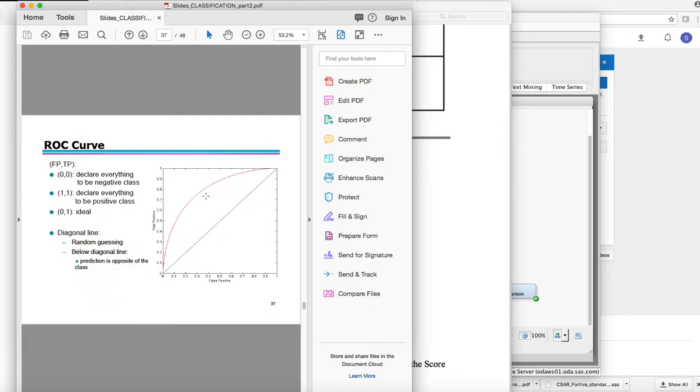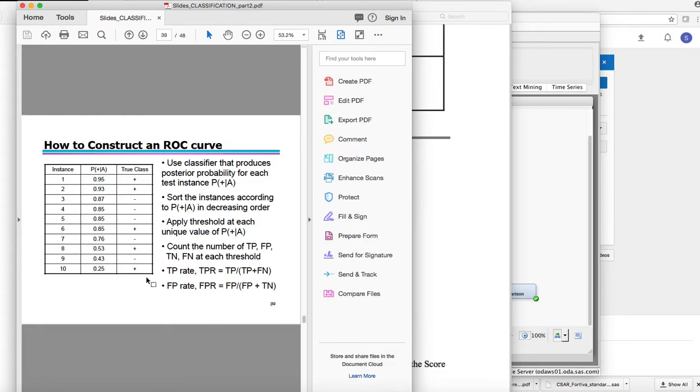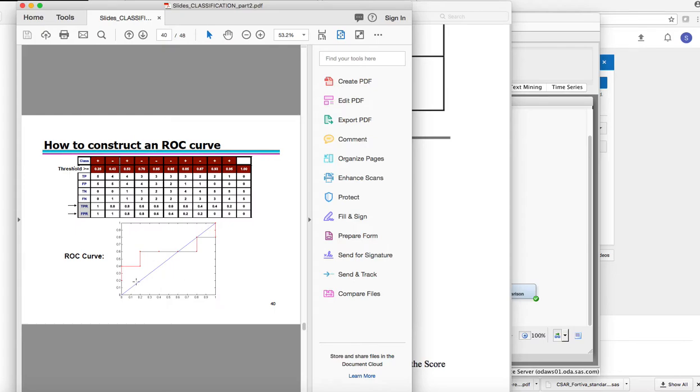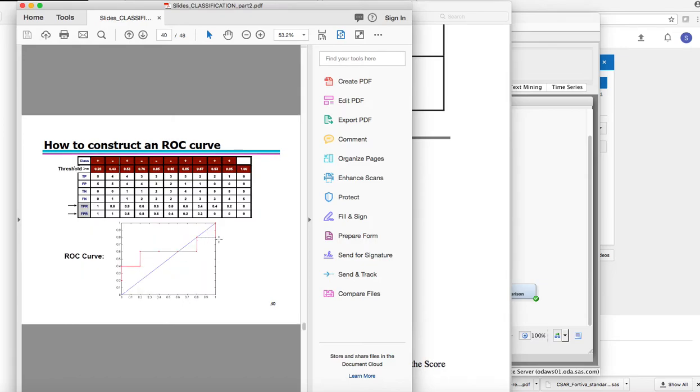It explains what the y-axis means, what the x-axis means, and what the 0, 0 point, the 1, 1 point, and the 0, 1 point mean. There is also a calculation illustration of the ROC curve: based on this model that generates the predicted probability of being 1, ordered, and this is the true class, how the ROC curve is generated according to the prediction and the true class.